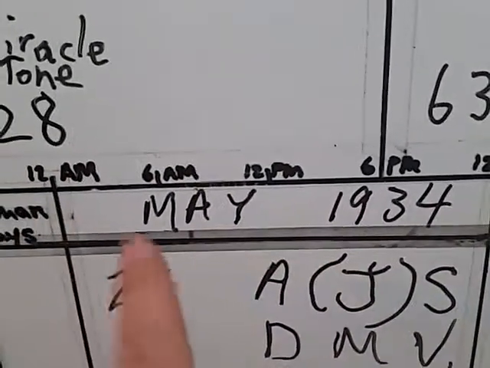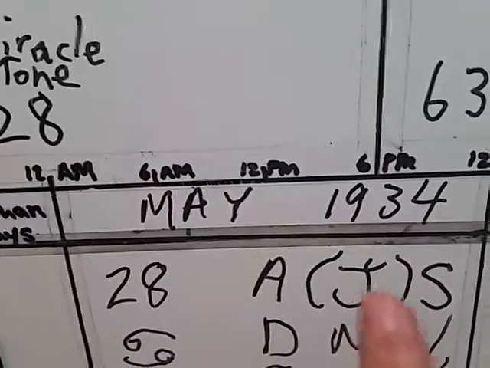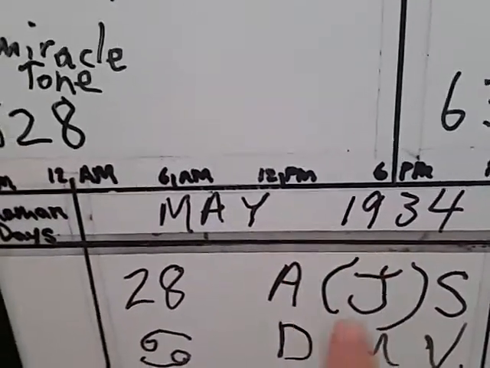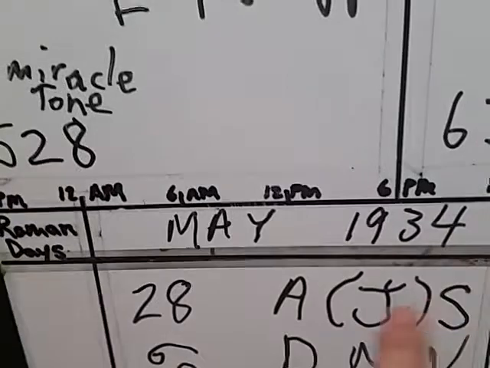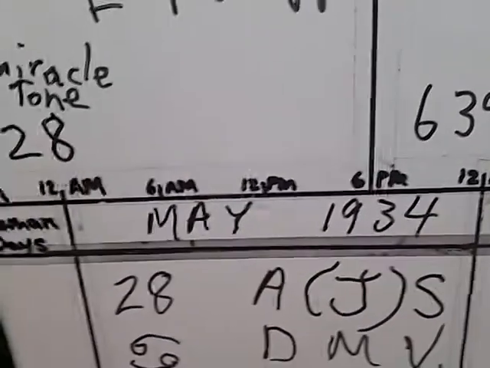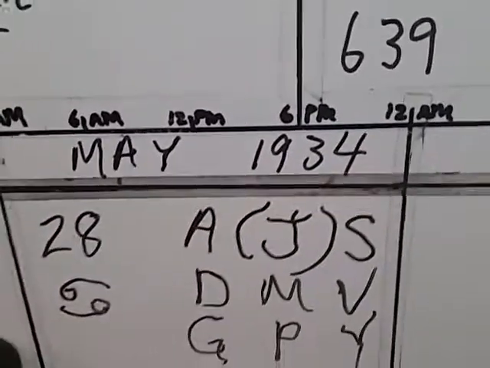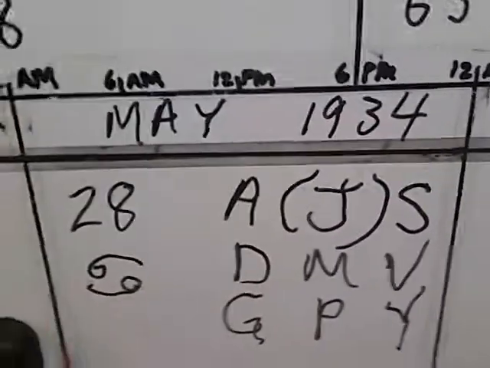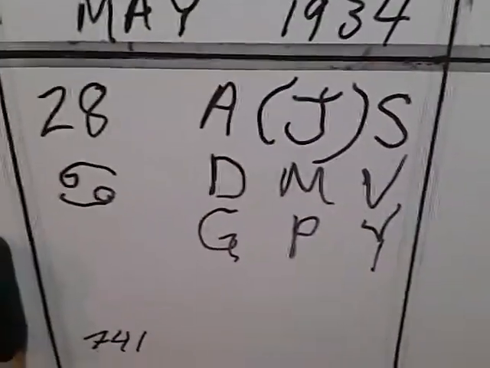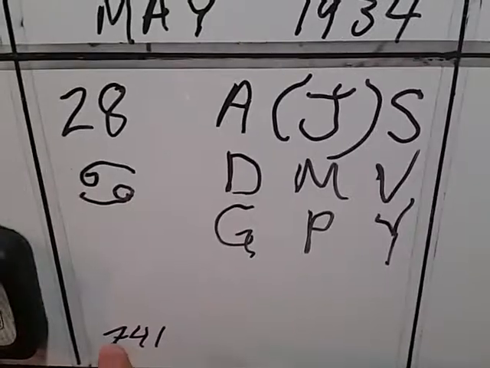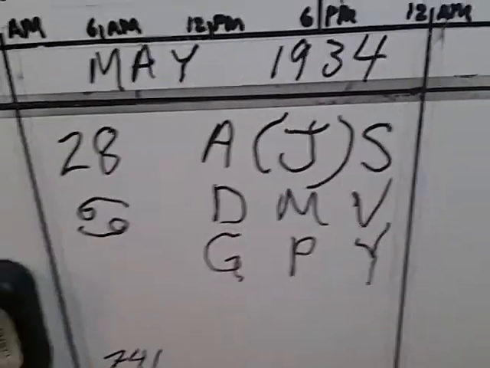So 2 plus 8 is 10. 10 we do have, it's our letter J. So J gets bracketed and AJS always connect because they share the same base root. Okay, so we'll see on here, it's the frequency of 741.